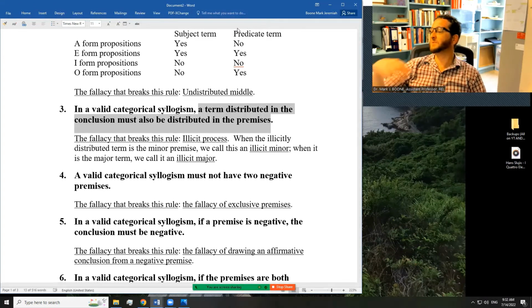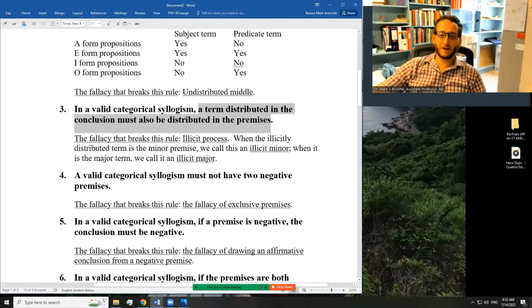Since distribution is information about a category, that distribution has to happen in the premises as well.